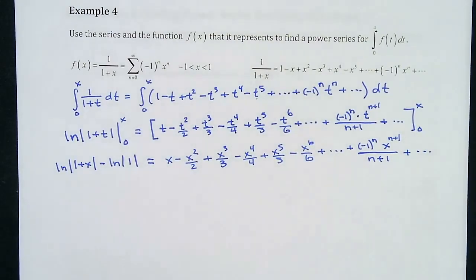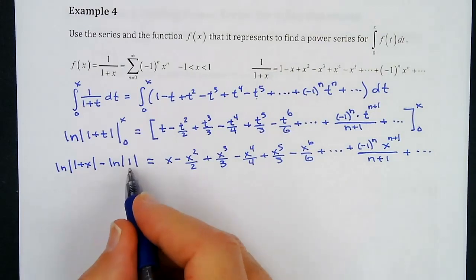You have to write the plus dot, dot, dot because that's what shows that it goes on forever. It's never stopping.